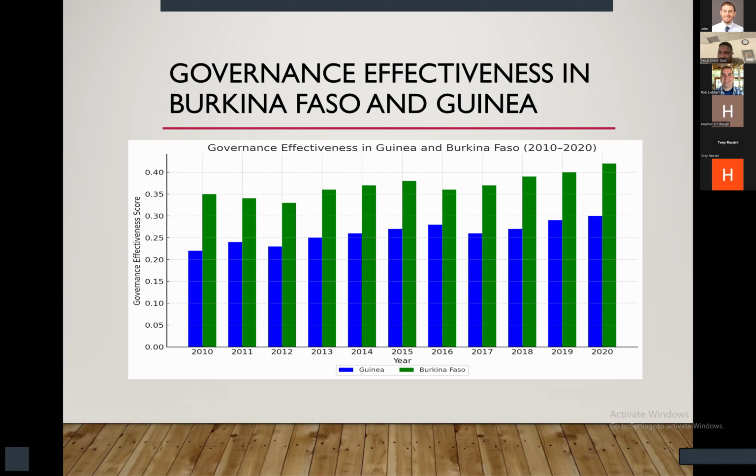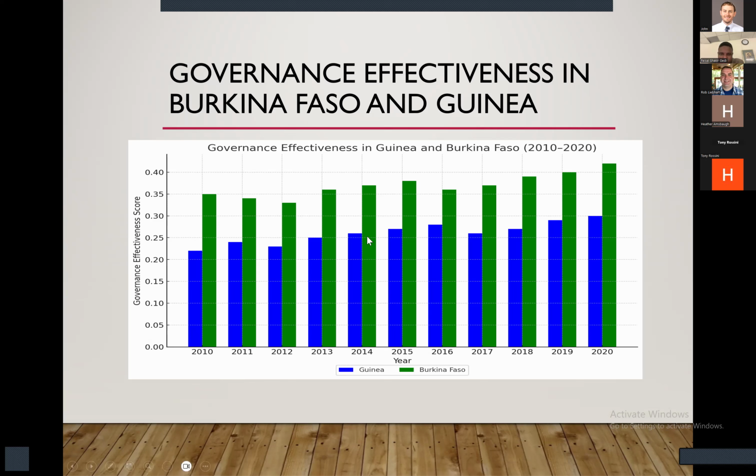Governance effectiveness measures the quality of public services, civil service independence, policy formulation, and implementation credibility. In Guinea, persistent institutional weakness, political volatility, and frequent reshuffling of administrative leadership likely contributed to the lower score.